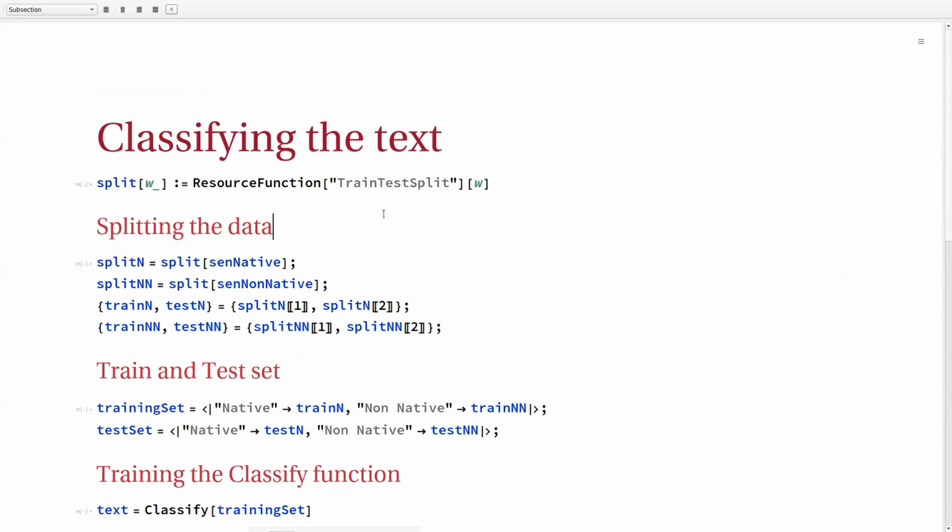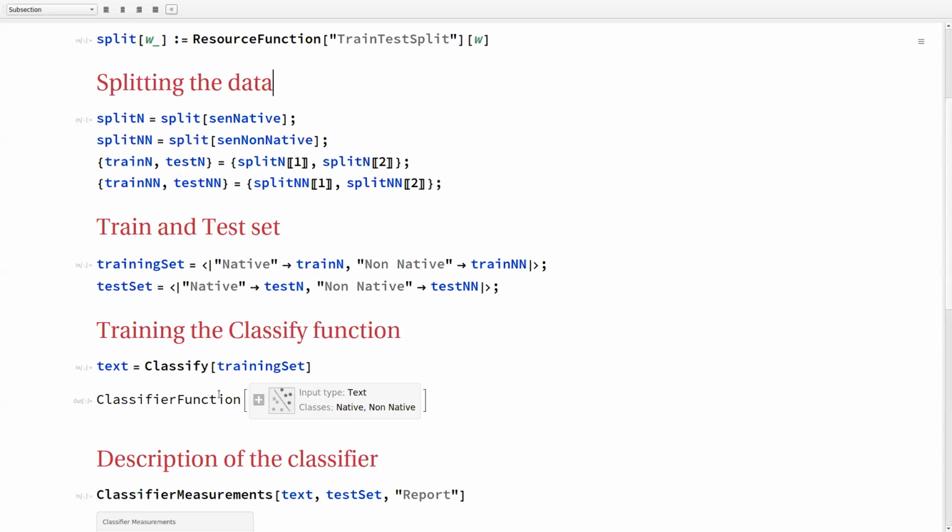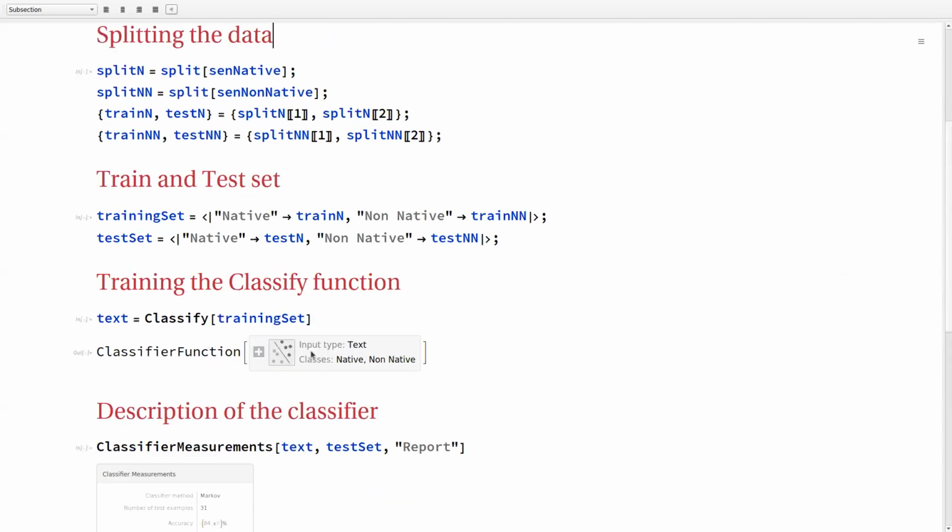So first, we split the data into training and test set. And then we use the function classify, and it automatically identified the input as text.